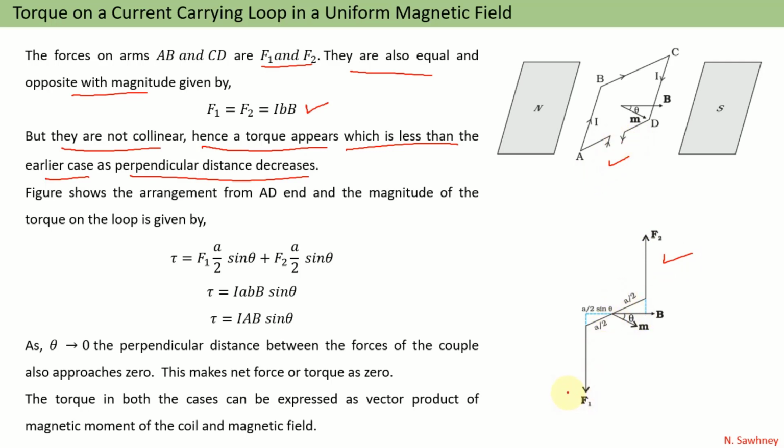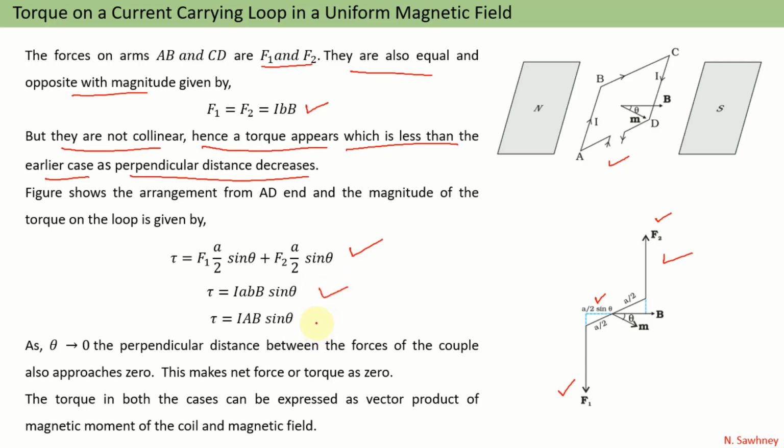So F1 is the force on the AB arm of the loop and F2 is the force on the arm CD of the loop, and we have obtained the perpendicular distance as A by 2 sine theta. So calculating the torque on the loop again by the same formula, force into perpendicular distance, we have obtained this expression.